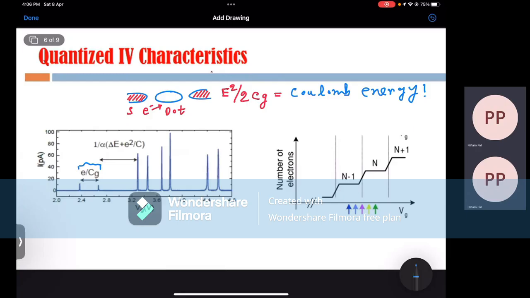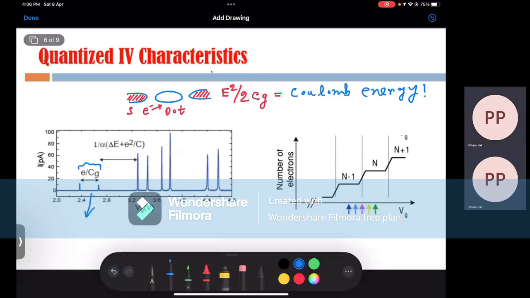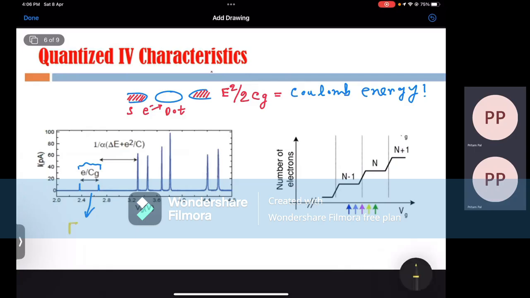You can see this. The energy is quantized, right?